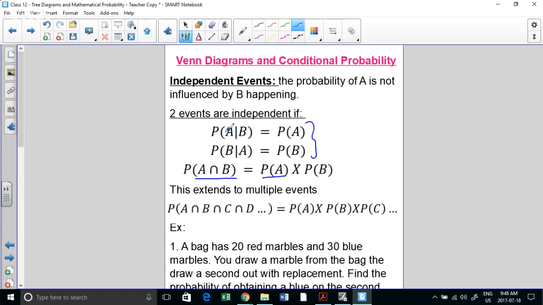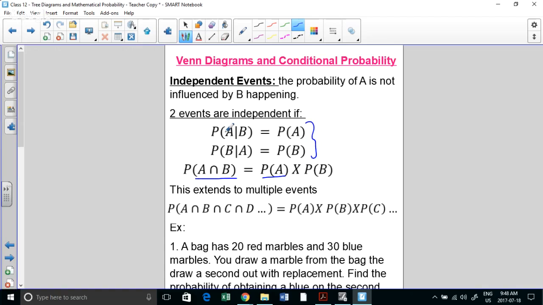Or, here's a really crazy example. I throw a die and I toss a coin at the same time. One event is rolling a 6 and the other event is getting tails.